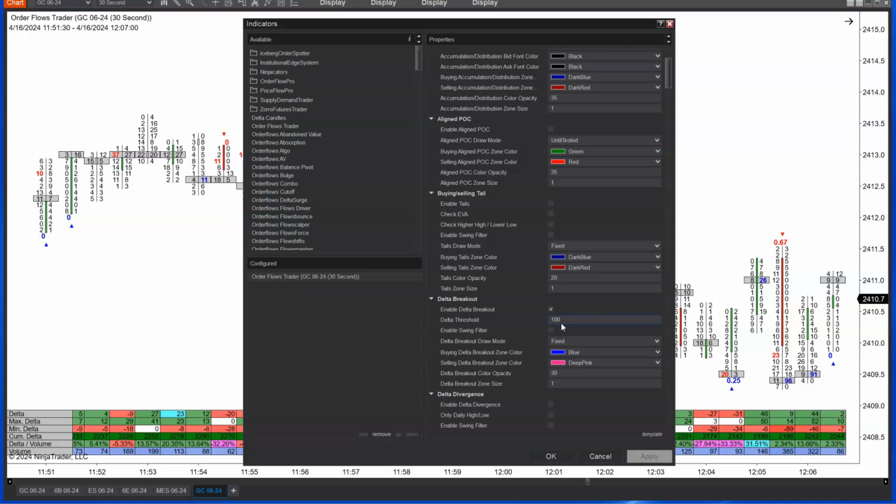The default is set to 200, which is fine for E-minis, MES, even some of the Euro currencies. If I was on a 1-minute gold chart or 1-minute crude chart, I would start looking at adjusting the default setting of 200. But again, you could go through your markets and make the adjustments as necessary.